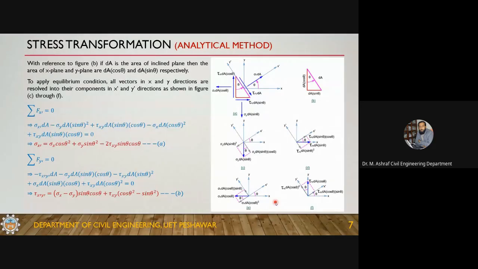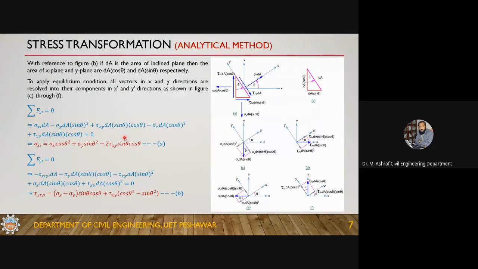So for the equilibrium condition here, I'm applying that the sum of the forces in the x prime direction should be equal to 0. When I'm taking forces in this direction, the positive x prime direction is positive. So this force, sigma x prime dA, minus this force, sigma y dA sine square theta, plus tau dA sine theta cos theta, minus this sigma x dA cos square theta, or plus this tau dA cos theta sine theta, is equal to 0.